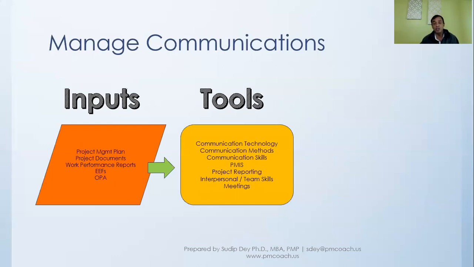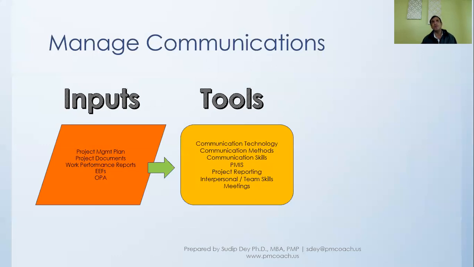And the tools that we'll apply are the technology, methods, some skills, PMIS, reporting. Some of these things we talked about. And this is what we are going to implement when we are managing communication as we are executing the project.